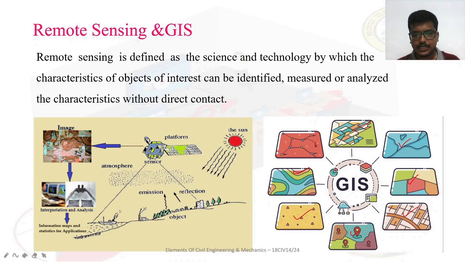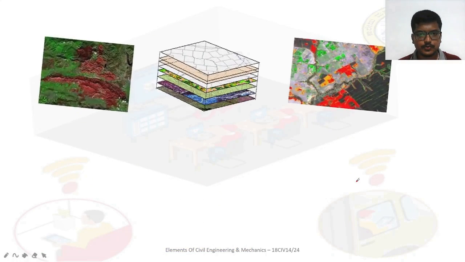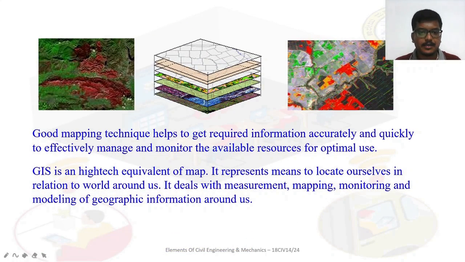It will collect the data, manage it, analyze it, and show it in the form of maps and 3D data. A good mapping technique helps us get required information accurately, and effectively manage and monitor the available resources for optimal use.